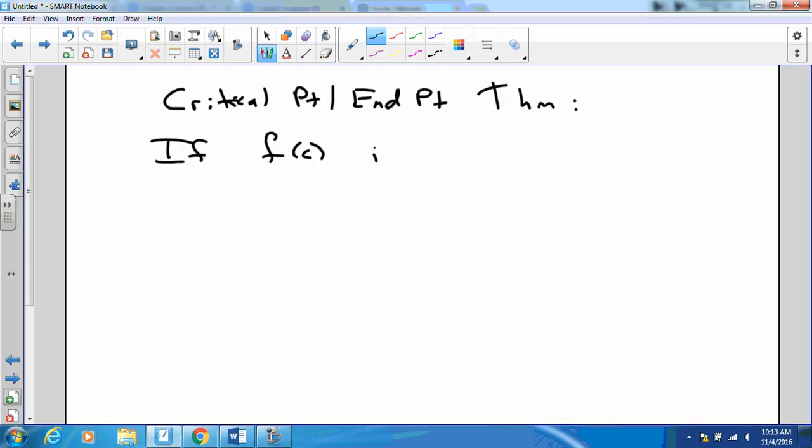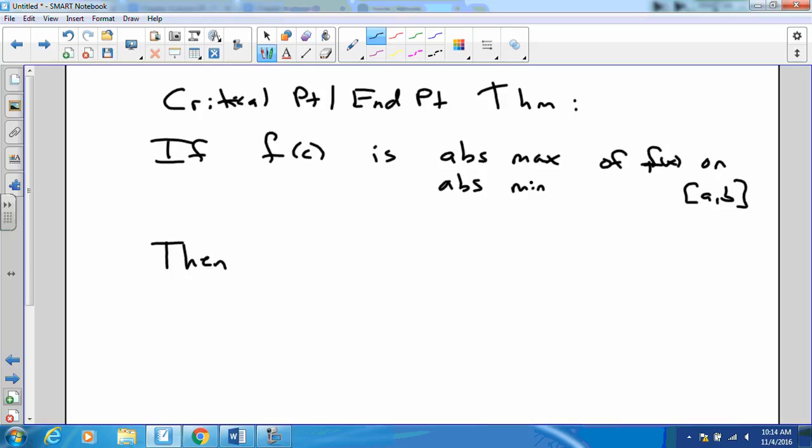And that is this. If f of c is the absolute max or the absolute min of f of x on the closed and bounded interval a to b, then one of two things is true. Either c equals a or c equals b.